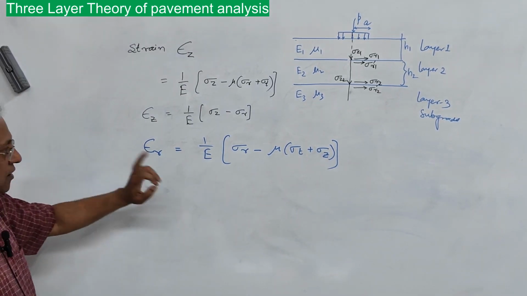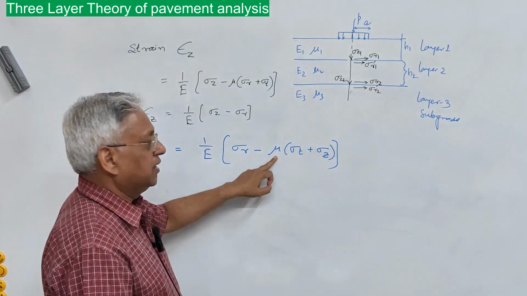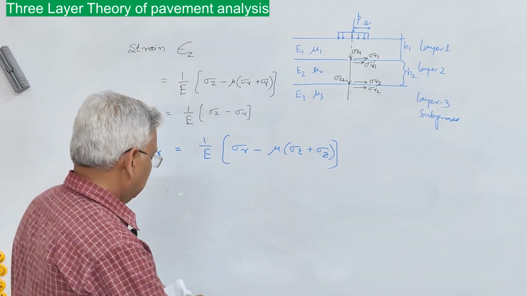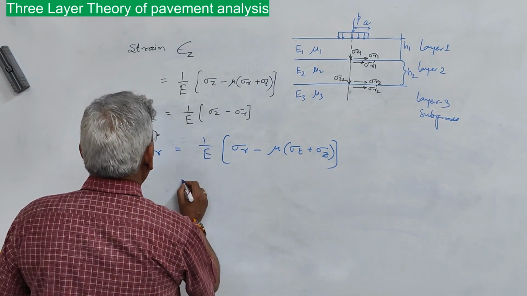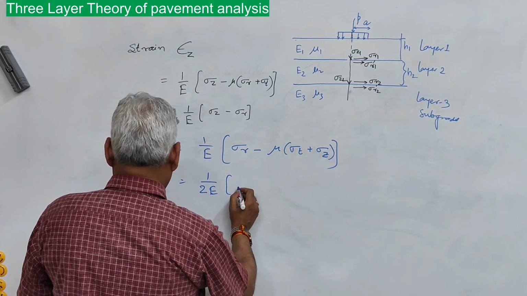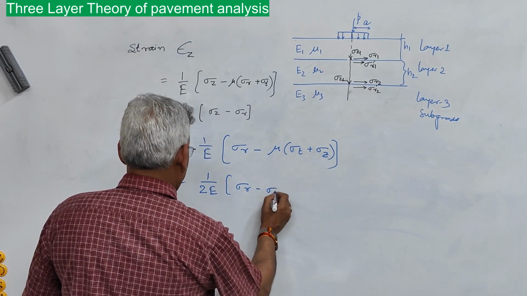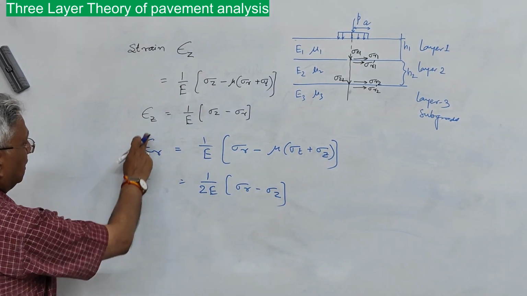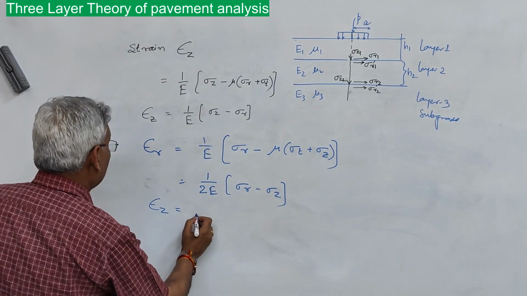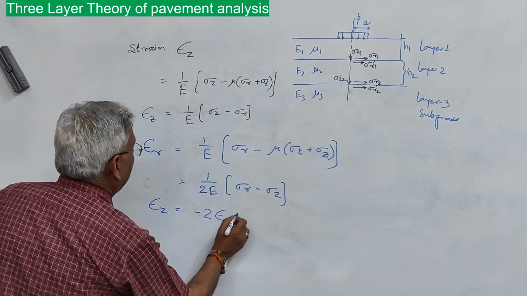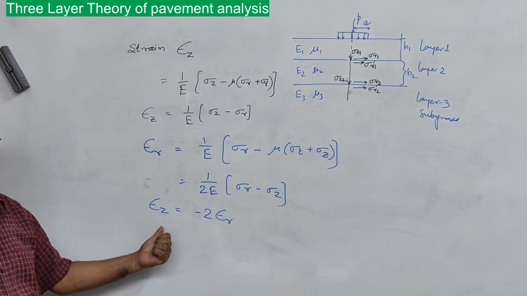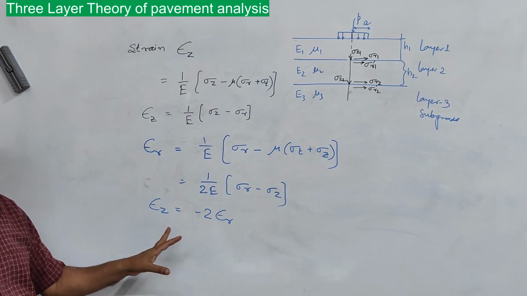And again, if you consider mu as 0.5, and sigma t is equal to sigma r, then this equation will be equal to 1 upon 2E into (sigma r minus sigma z). Compare these two equations. Epsilon z is twice of epsilon r. Radial strain is half of vertical strain and in opposite sign.